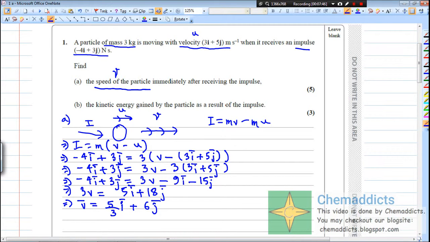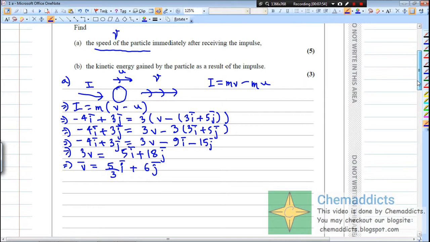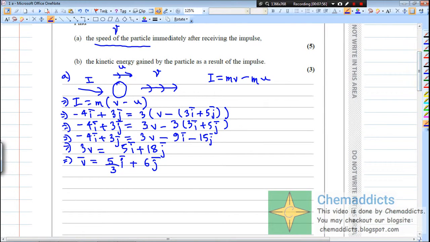So they have asked us to find the magnitude of the final velocity, as simple as that. So how are we going to find the magnitude of the final velocity? We need to use this thing here.